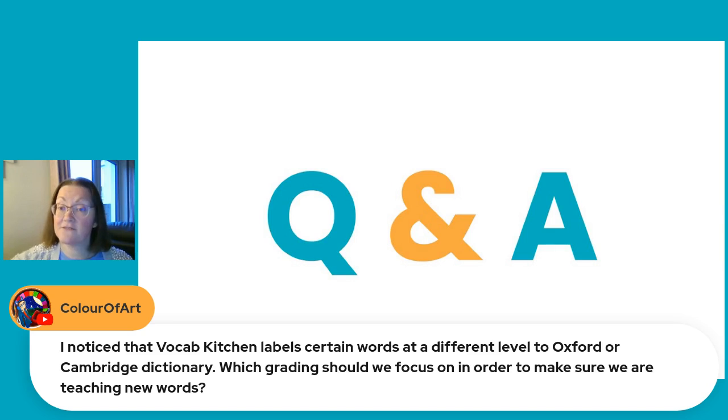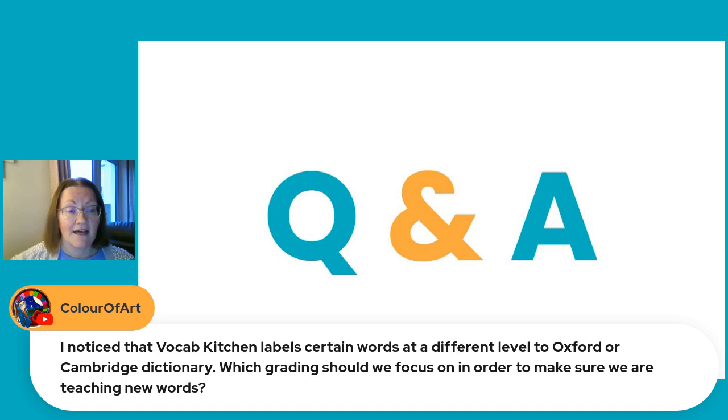Okay, so for those of you who haven't seen it yet, in Vocab Kitchen, you can copy and paste a text into its text box, and then it will tell you what the levels are of all of the different words in the text. You can imagine that that's really useful for pre-teaching.